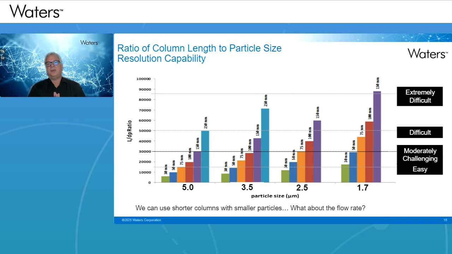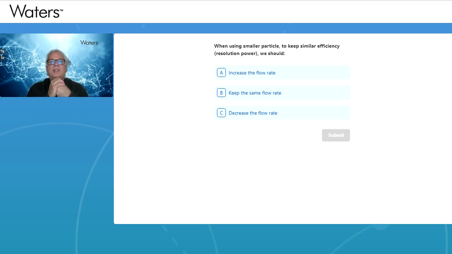So now you have a choice. Depending on what you have in terms of system, you will say, okay, I can use one of those. I will get the same resolution.